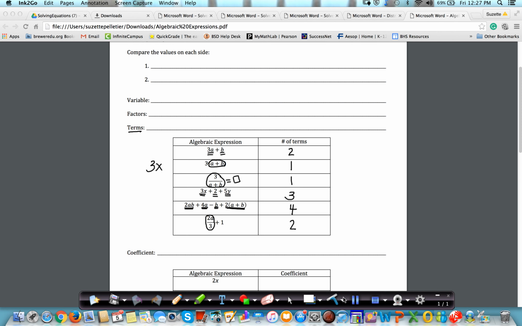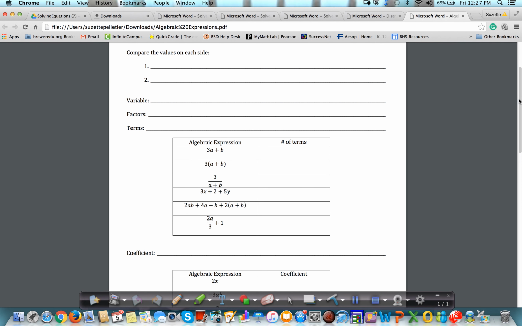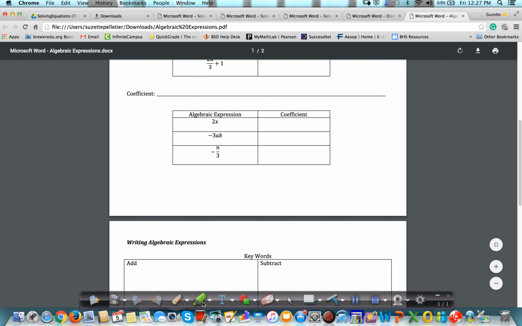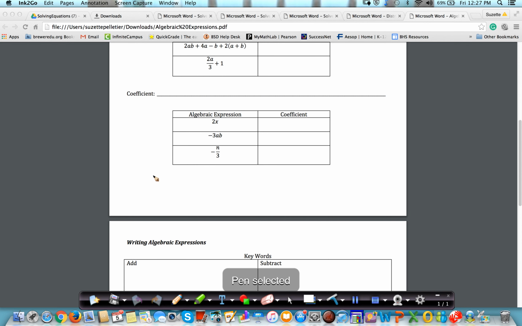Okay, so we're going to scroll along and talk about coefficients and also algebraic expressions. So we talked a little bit about that earlier. Coefficients. So a coefficient is a numerical factor of a term.